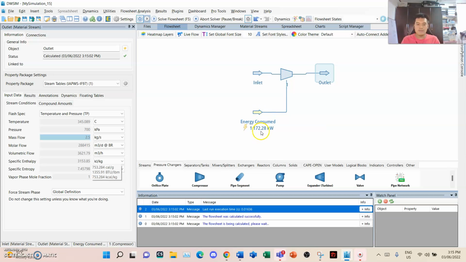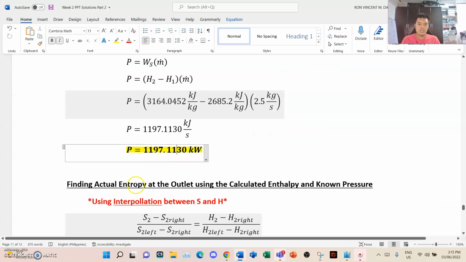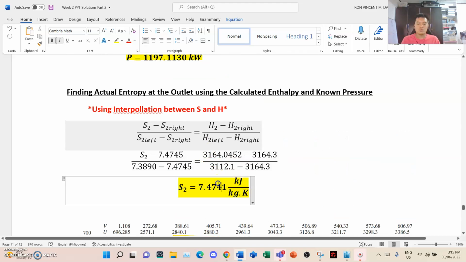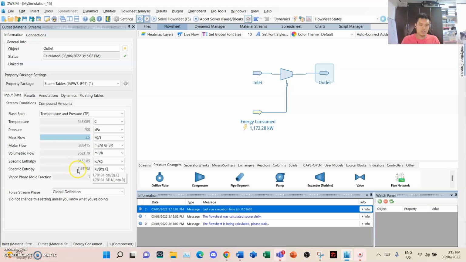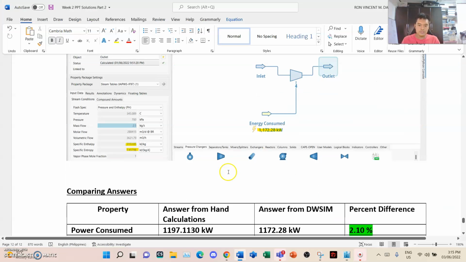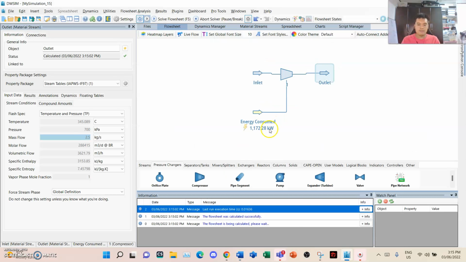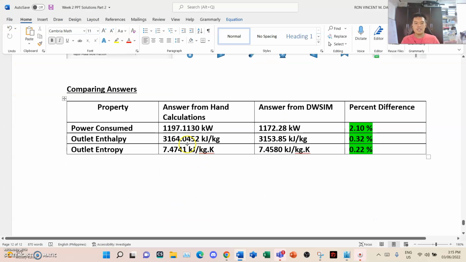Here it's 1172.28. And lastly, for the actual entropy of the outlet, it's 7.4741, while for the simulator, it's 7.4579. So it's the same: 1172.28, 3153.85, and 7.45798.